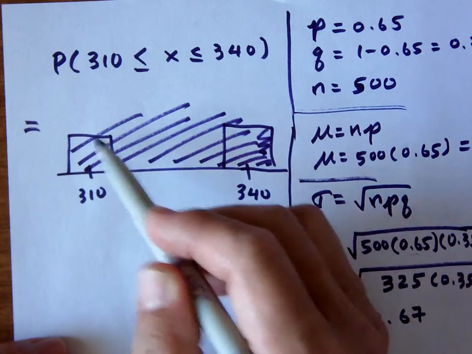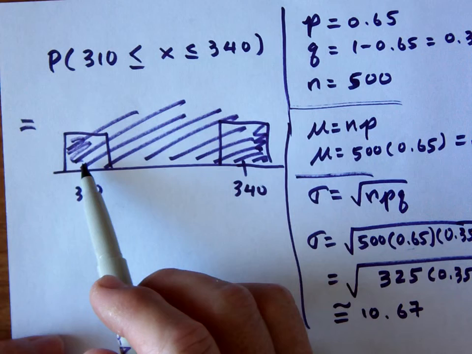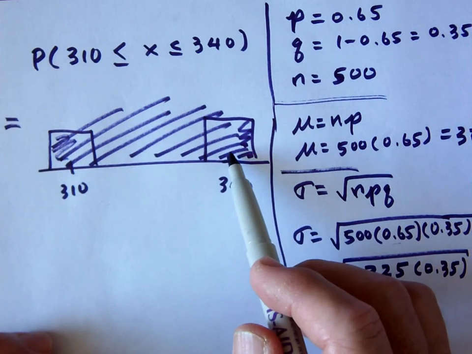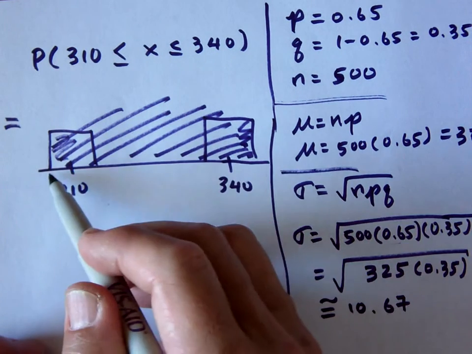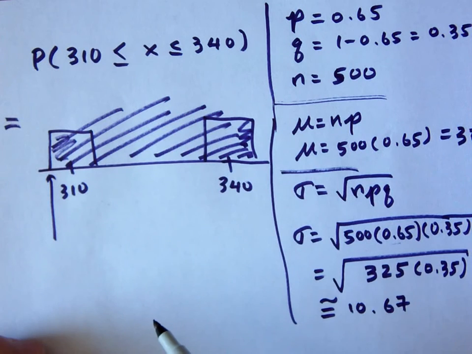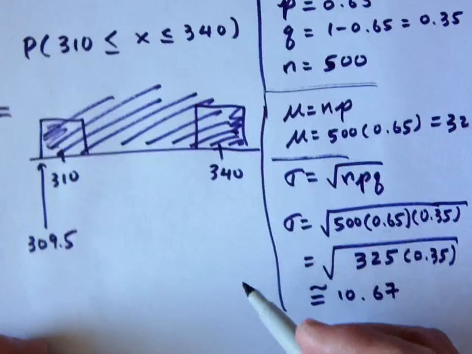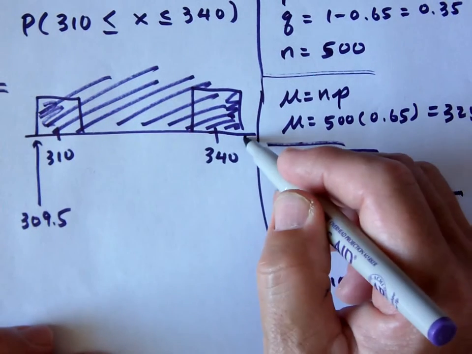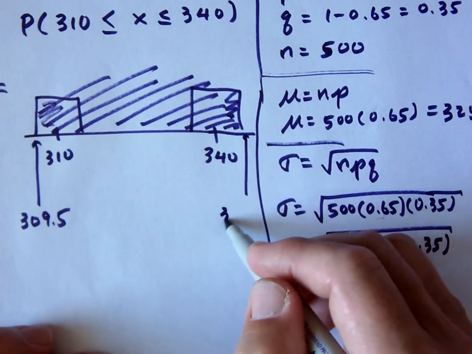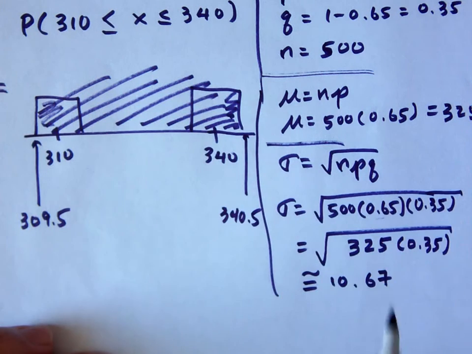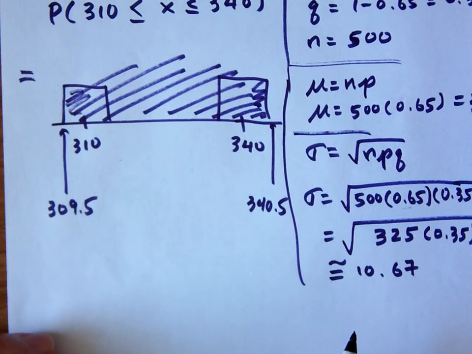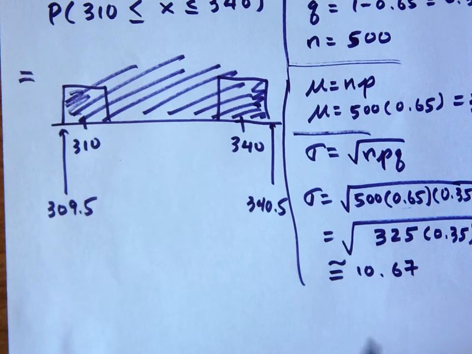This should be our leftmost bar, that should be our rightmost bar, and that should be our starting point, 309.5. That's our continuity correction, and the end should be 340.5. Hope you can follow that.